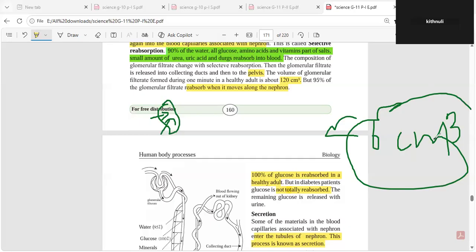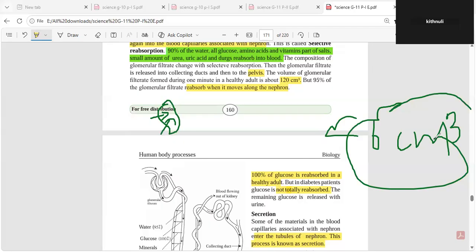But what happens when a person is suffering from diabetes? Reabsorption of the glucose is not completed when a person is suffering from diabetes, right?